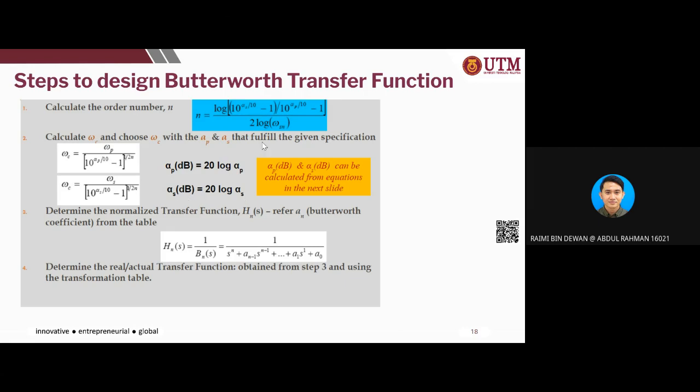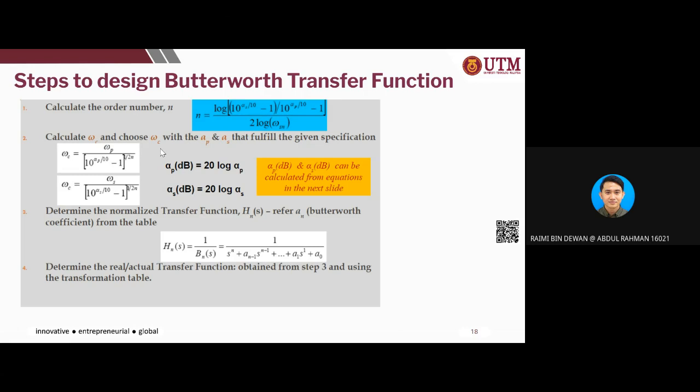The question, for example, may give you the specification. They want a value of something, for example omega p equal to or greater than something like that. So you need to choose which omega c actually fulfills the specification required by the problem.